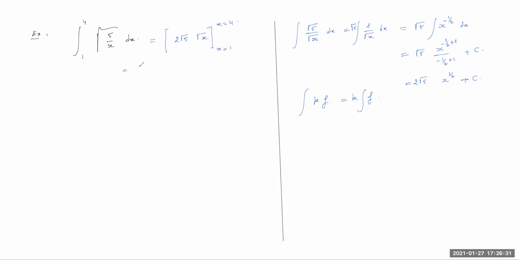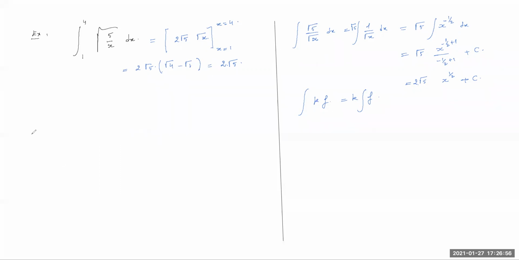So I will have 2 square root of 5 times square root of 4 minus square root of 1. Square root of 4 is 2, square root of 1 is 1, so 2 minus 1 is 1. So it will be 2 square root of 5. You see?